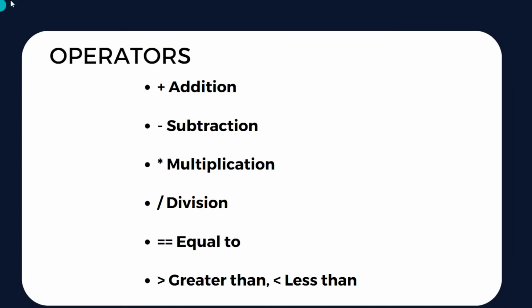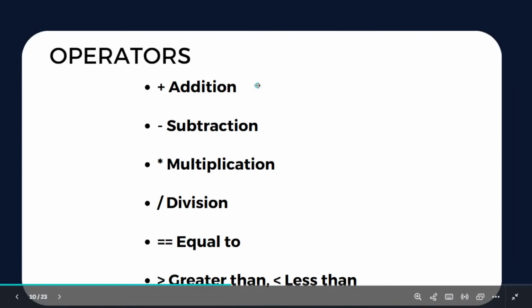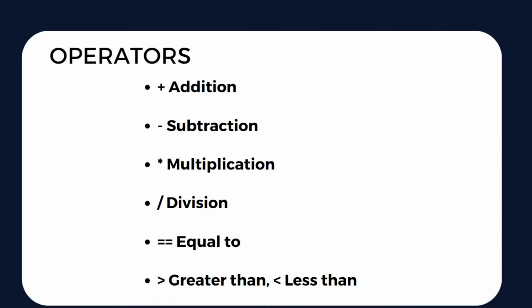Now we're going to understand what are operators, and these are also the same as Python. We have an addition operator, used for adding two variables. Basically it is done as an addition operation.